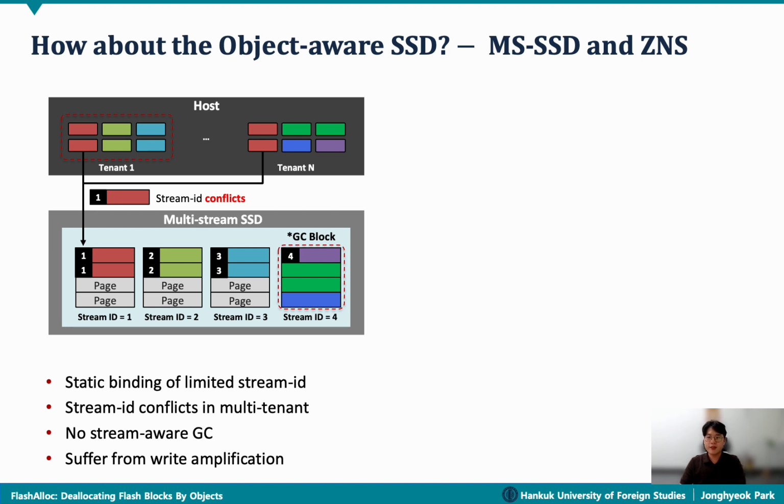Especially, write streaming effects diminish due to stream ID conflicts in multi-tenancy. Also, there is no stream-aware garbage collection, so eventually, pages with different stream IDs are stored in the same flash blocks. As a result, multi-stream SSD still suffers from write amplification.